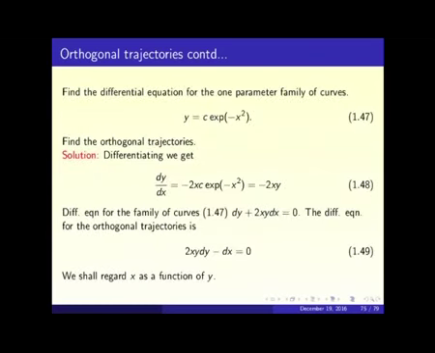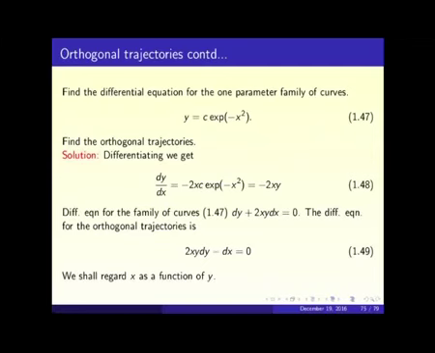Now let us take another example. You take this one parameter family of curves y equal to c e to the power minus x squared. Find the orthogonal trajectories. You differentiate it, dy by dx equal to minus 2xc e to the power minus x squared, but c e to the power minus x squared is y. So you get dy by dx equal to minus 2xy. So the differential equation for the family of curves 1.47 is dy plus 2xy dx equal to 0.